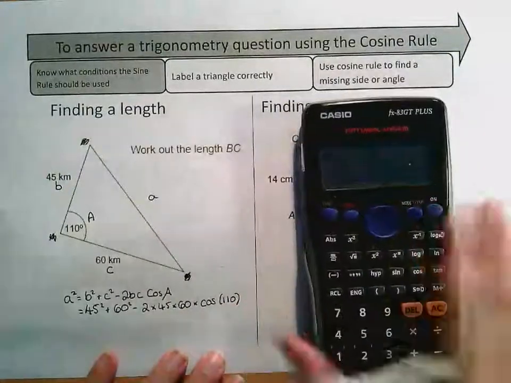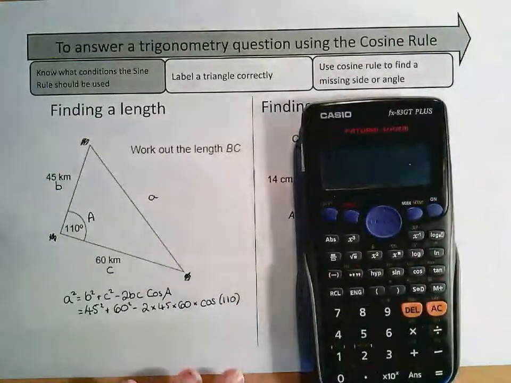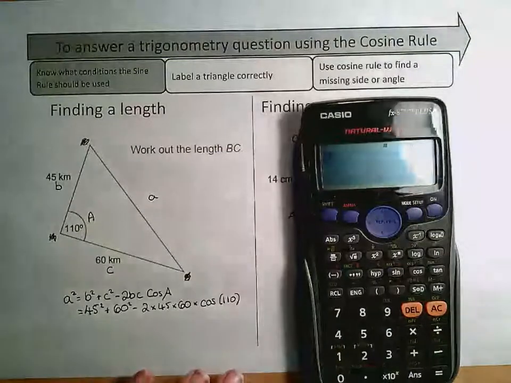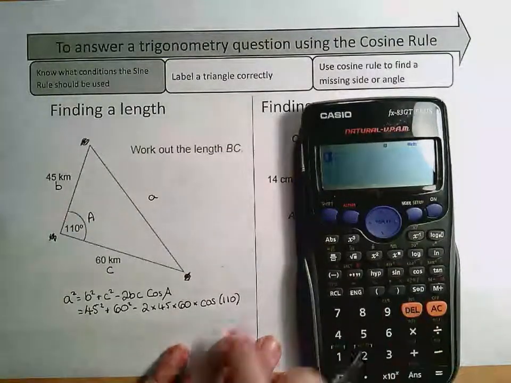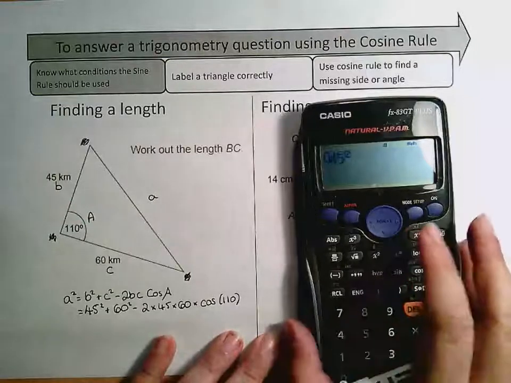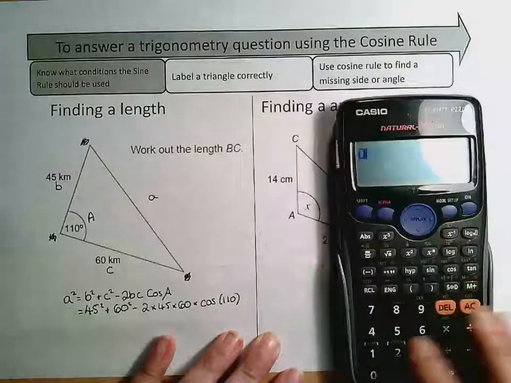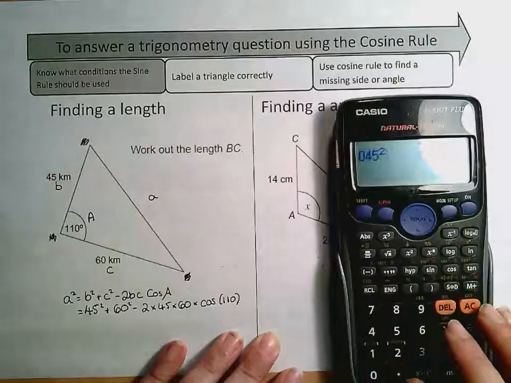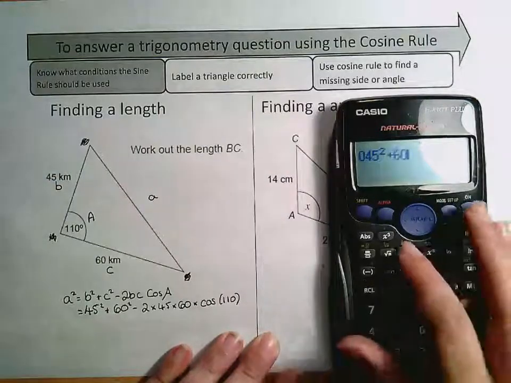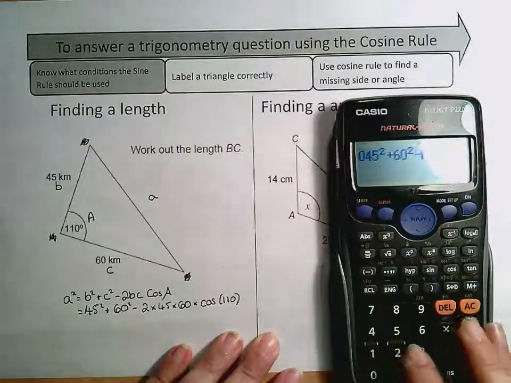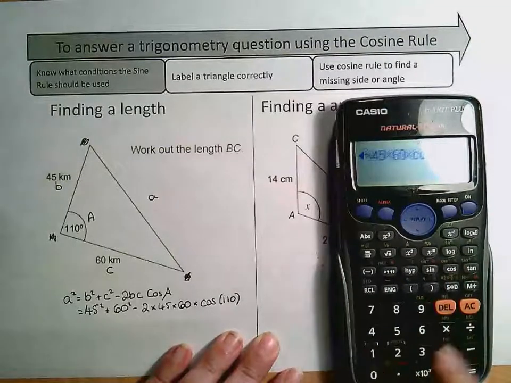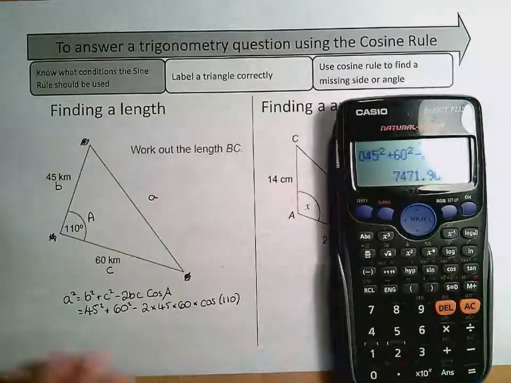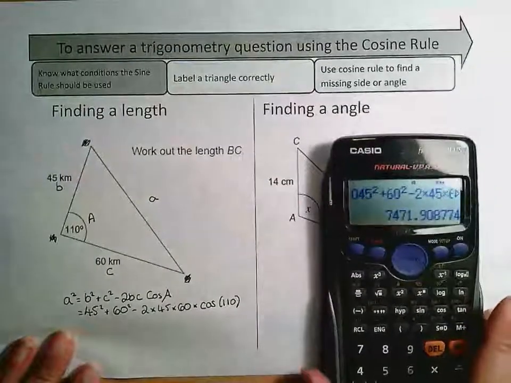We now get the calculator. I'm just making sure the screen is lit up. There we go. I'm just going to type in the right-hand side: 45 squared plus 60 squared minus 2 times 45 times 60 times cos 110. And that gives me this number here.